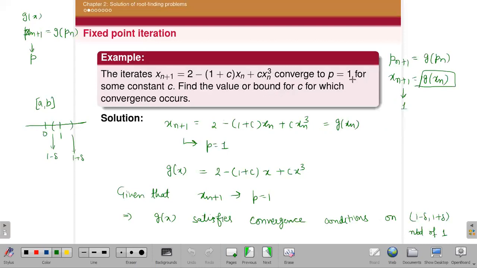It is converging to P equal to 1. This is the fixed point form actually, and it is converging to 1 means it is a fixed point. So if it is converging to a fixed point, then you will not always get a g of x that will satisfy all the three conditions of the convergence. So I am not saying it has a fixed point, but g of x is not satisfying all the three conditions.